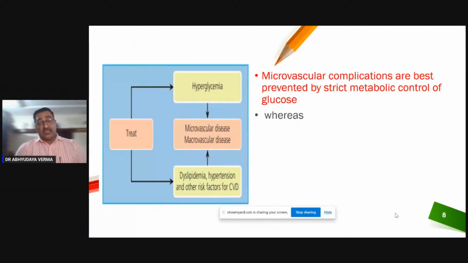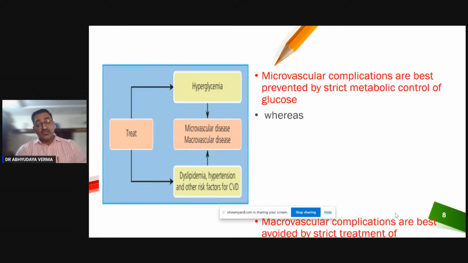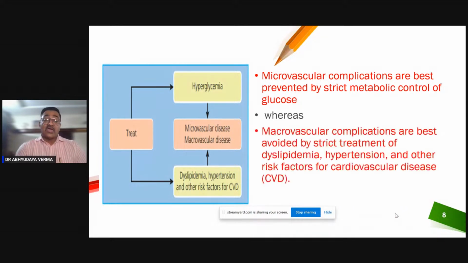And as everybody knows, all these can be prevented by strict metabolic control of glucose. But yes, macrovascular complications require more effort, better control of dyslipidemia, hypertension, and other risk factors of cardiovascular disease.